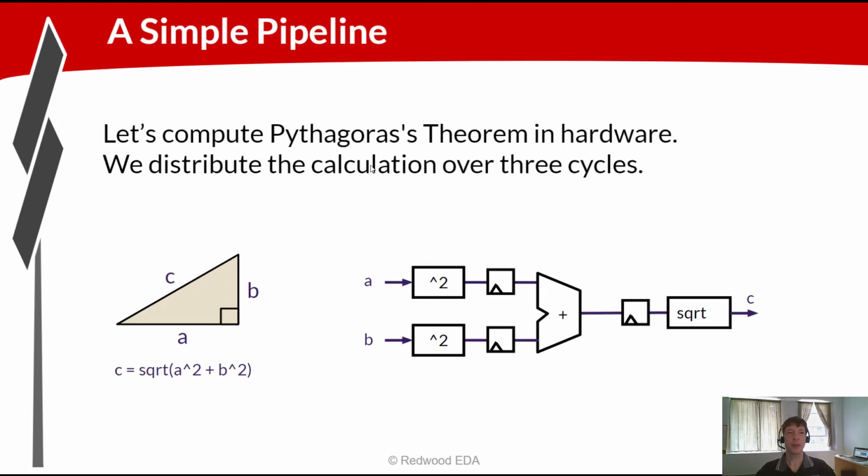This is an example of a circuit that is computing Pythagoras' theorem. To compute Pythagoras' theorem, we need to square 2 inputs, A and B. We need to add them together, and we need to take the square root.